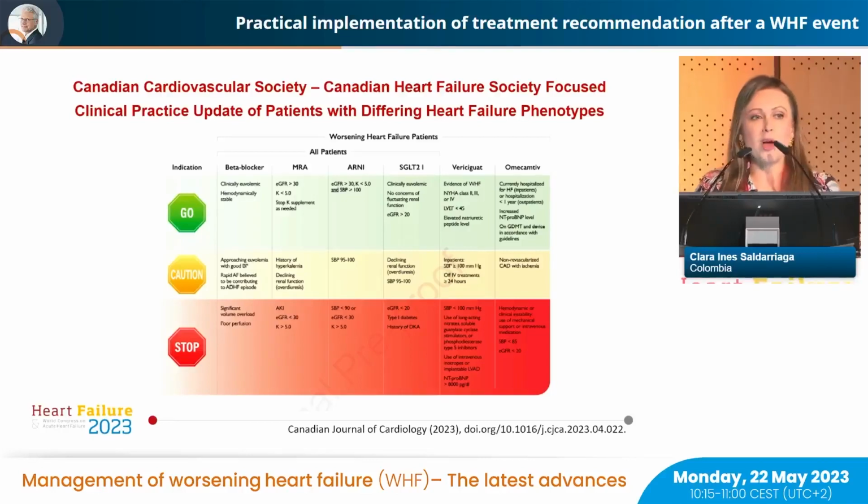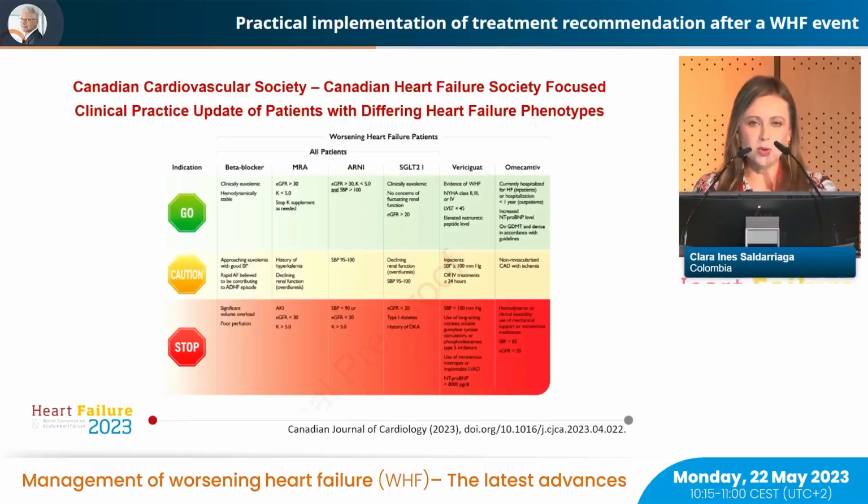So let's review our patient. As I mentioned before, this patient has a green light for beta blockers, so we can keep this patient on the beta blockers. MRAs, red light, as I mentioned before, also for ARNI and for SGLT2 inhibitors. But if you see, this patient has a green light to start vericiguat.